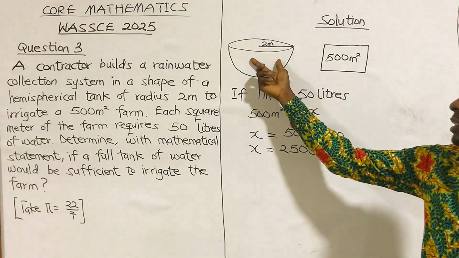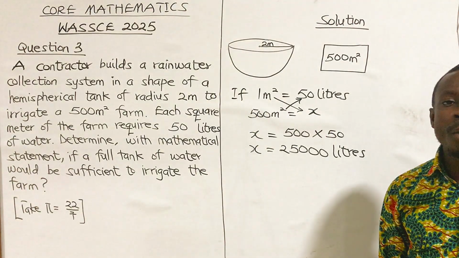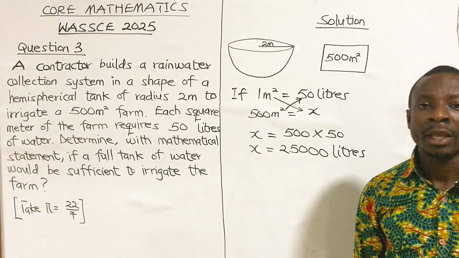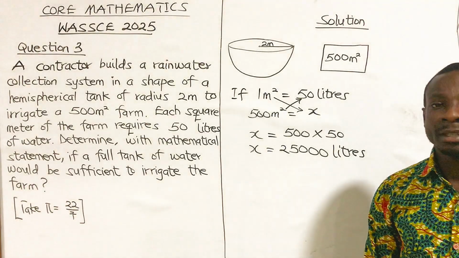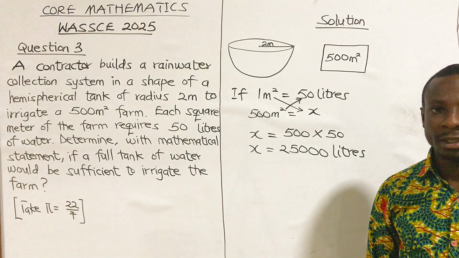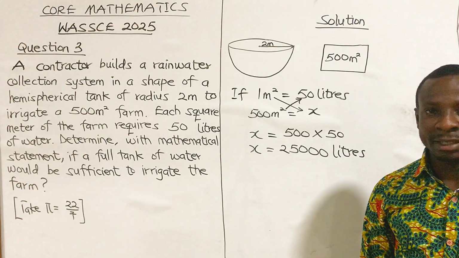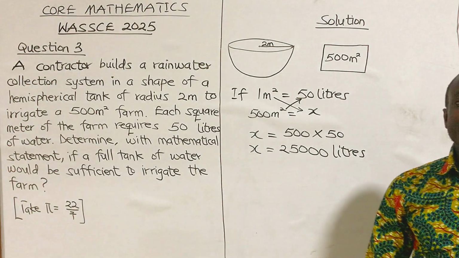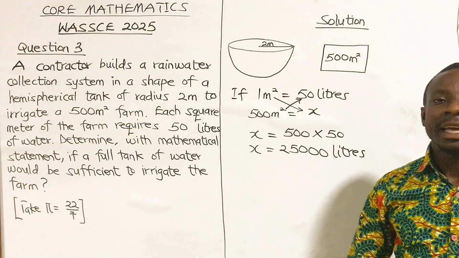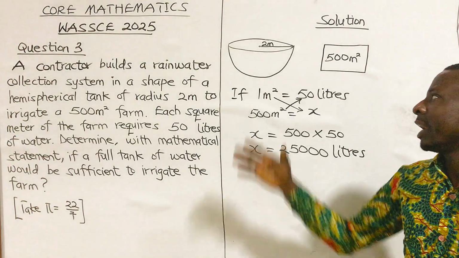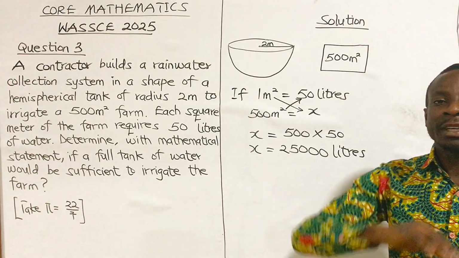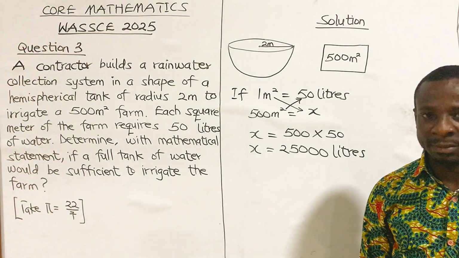Now, the container here is in the form of a hemisphere. And we know that a hemisphere is half of a sphere. When you take a watermelon as an example, when you cut a watermelon into two equal parts, each part will be a hemisphere because a sphere looks like a watermelon.